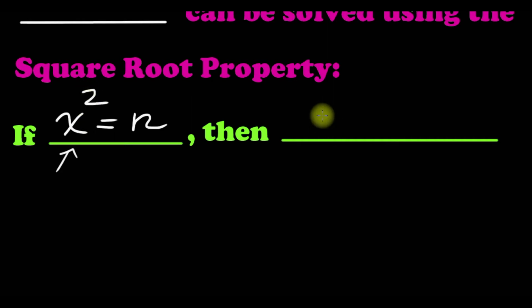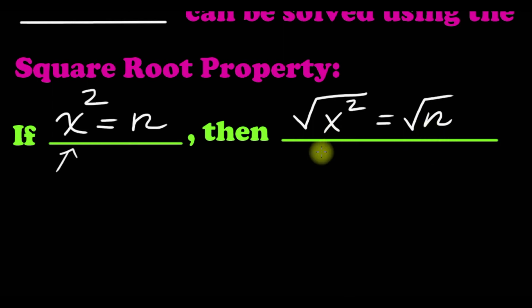In order to make the square go away, you need to take square root of it. So we're going to take the square root of x squared, and then we're going to take the square root of n. Whatever you do to one side, you have to do to the other side. Since we're taking square root on the left, we have to take the square root on the right.